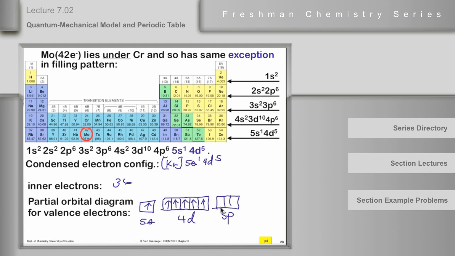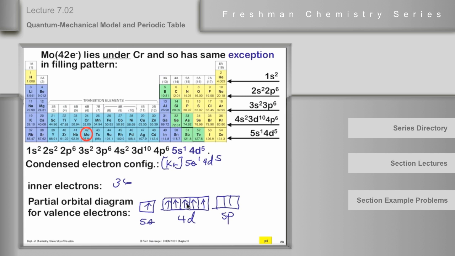Yes. The orbital boxes, how come the d has 5 and p has 3? The boxes here, the 5s1 and the 4d5? Yeah, d has 5 boxes, p has 3. Remember what l is for a d subshell.